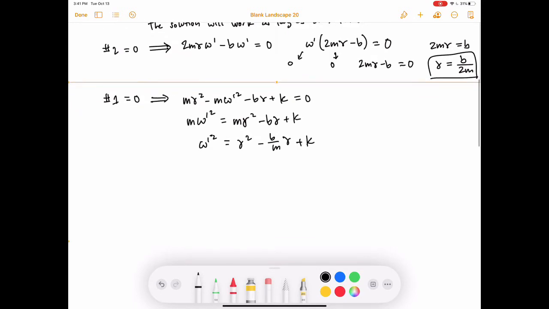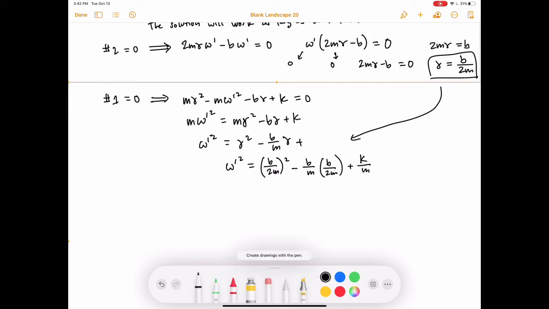Okay, and now let's plug in what we know gamma is equal to. Omega prime squared is equal to gamma, which is b over 2m, squared, minus b over m, times gamma, which is b over 2m, and then plus k. Oops, I forgot to divide k by m earlier. So here, let me correct that.